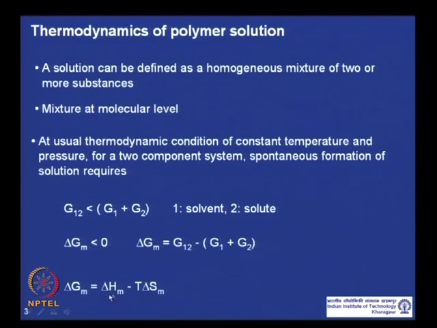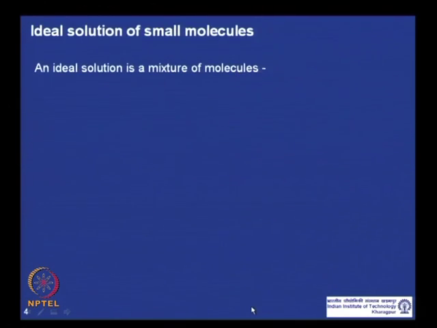We also know that this Gibbs free energy of mixing can be expressed in terms of the enthalpy of mixing and the entropy of mixing. So, this should be lower than 0. Now, let us start with ideal solutions of small molecules.